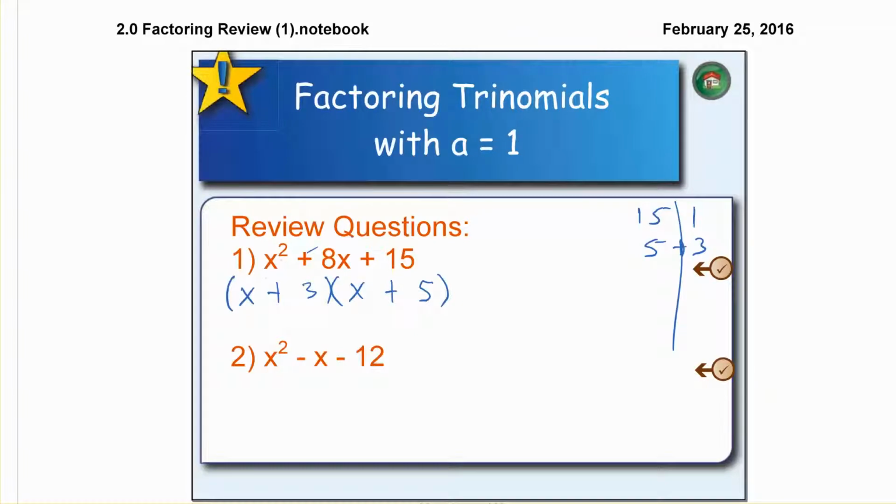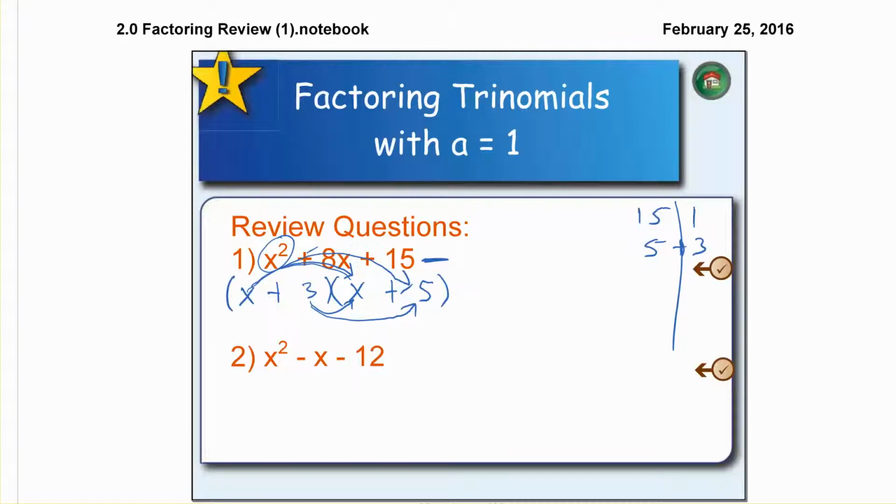If you factored this out after to check, so that times that, that times that, and that times that, you would actually end up getting this solution. So you can see the x squared came from the first one, x times x.